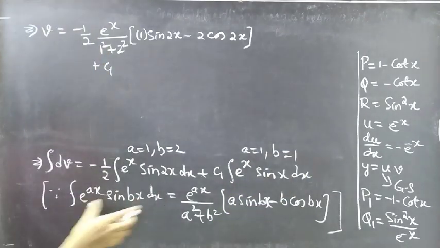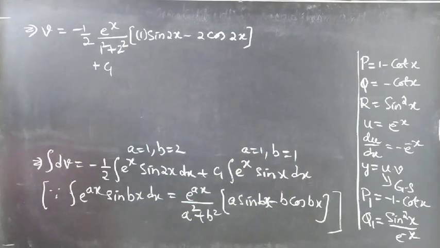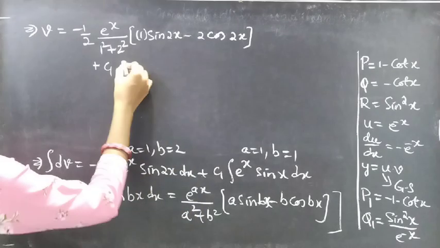Compare these two integrands, then we'll get a equal to 1 and b equal to 1. So apply this formula now.